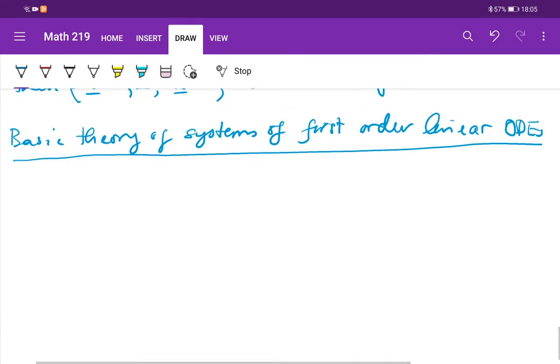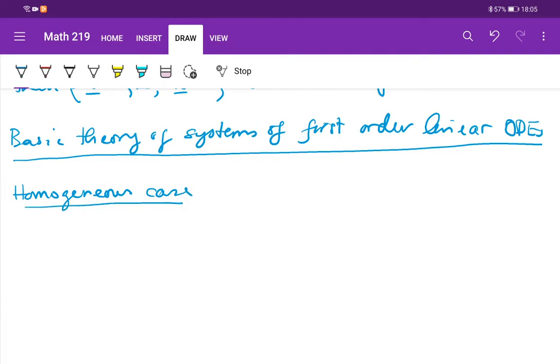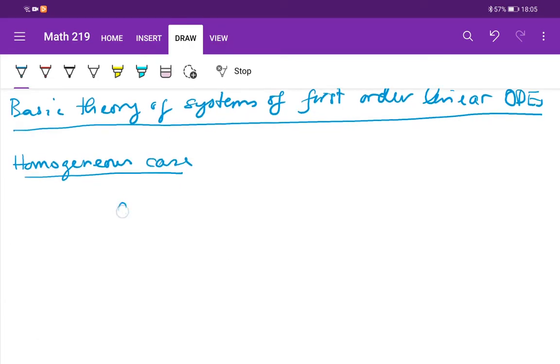Okay, we're going to start off by considering the homogeneous case. This is a homogeneous system of first order linear ODEs.